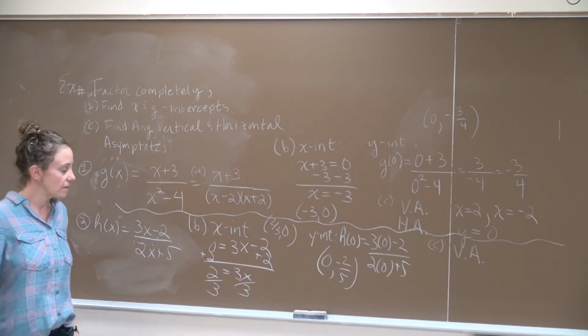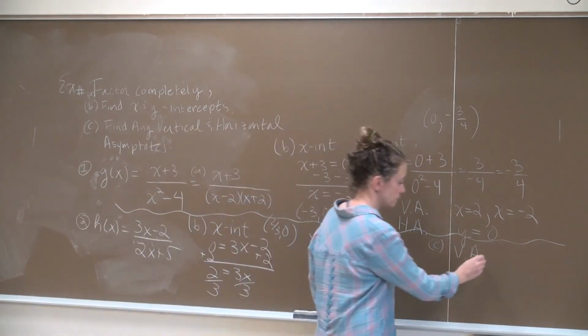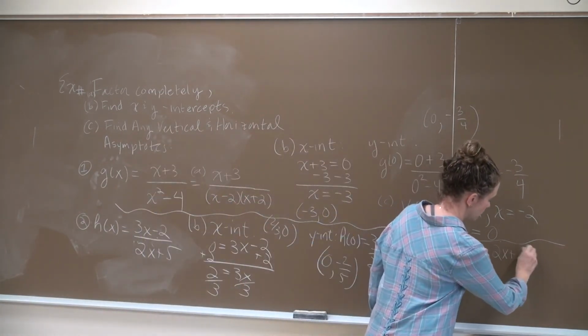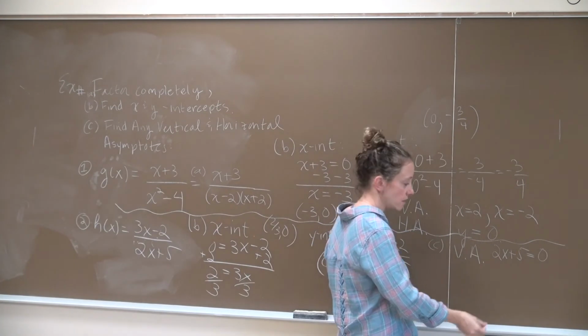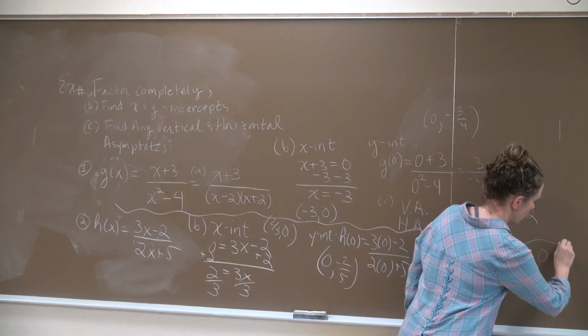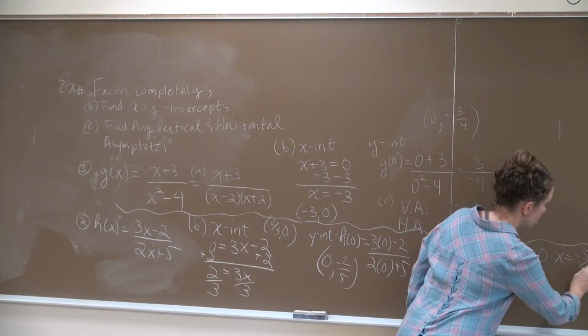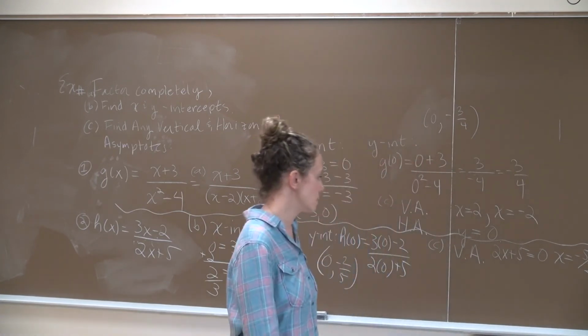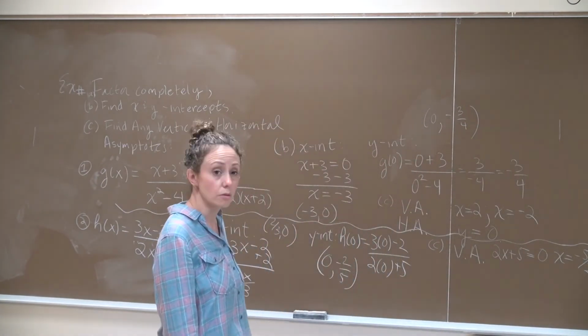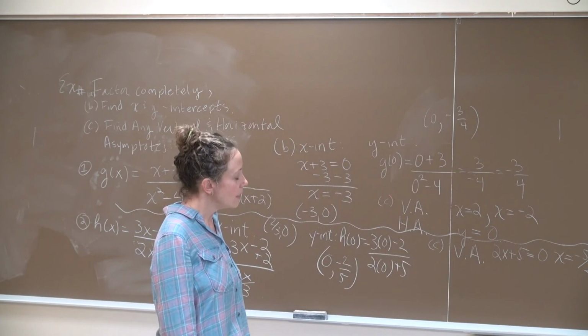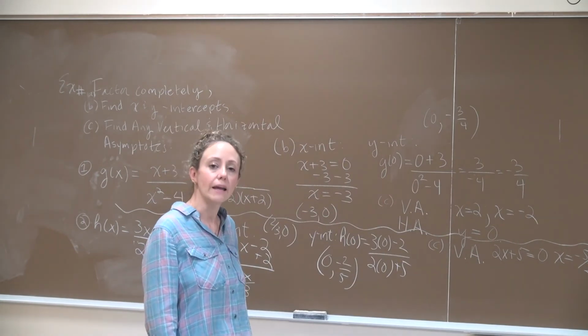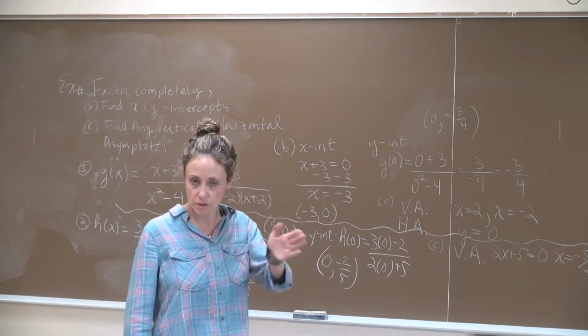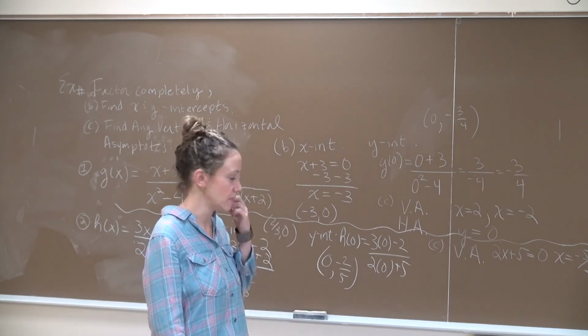And 2x plus 5 equals 0. Subtracting 5 from each side, dividing it by 2, that means x is equal to negative 5 halves. Knowing that, we would draw a dashed vertical line at negative 5 halves to show that our graph can't pass over there.